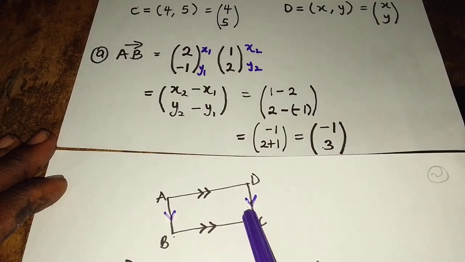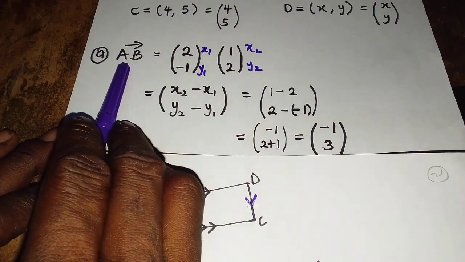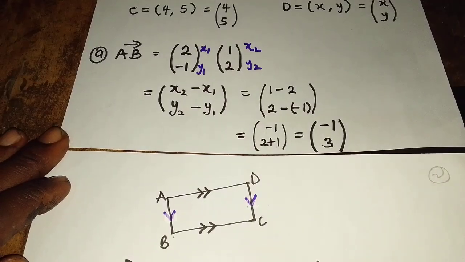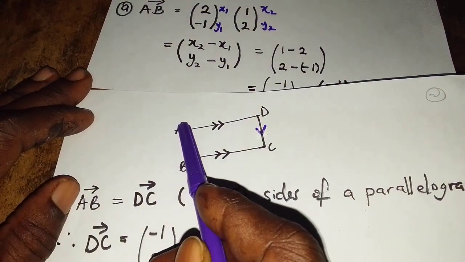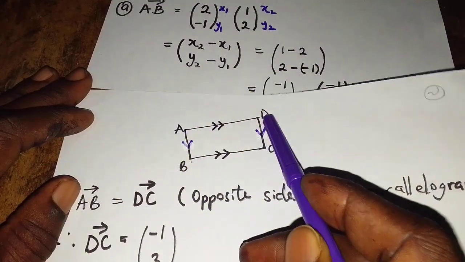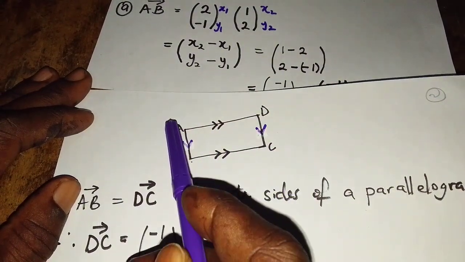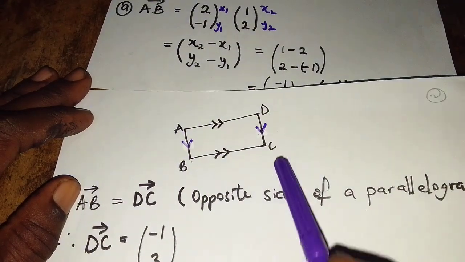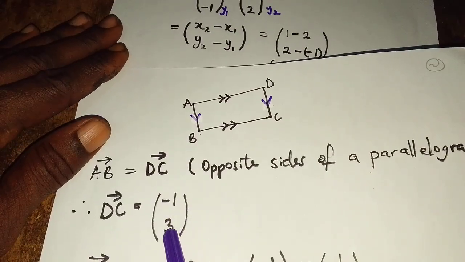If the vector AB is -1, 3, then following the arrangement AB, DC, the vector AB should be equal to the vector DC. So this should also give you -1 and 3.